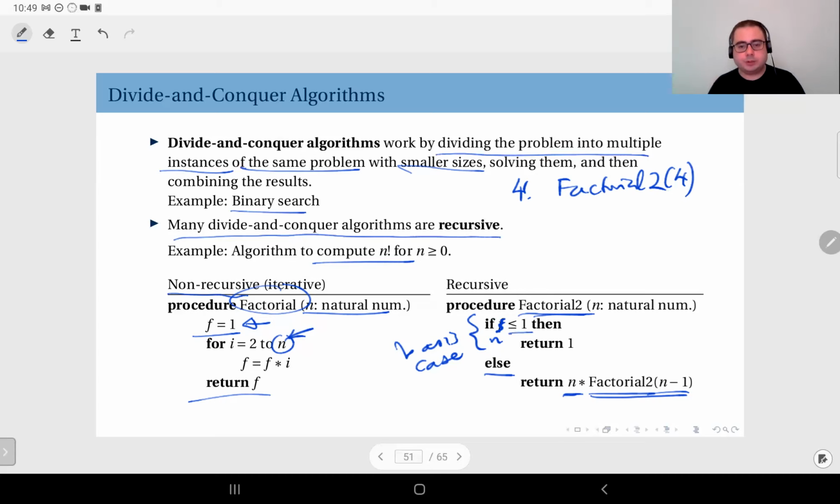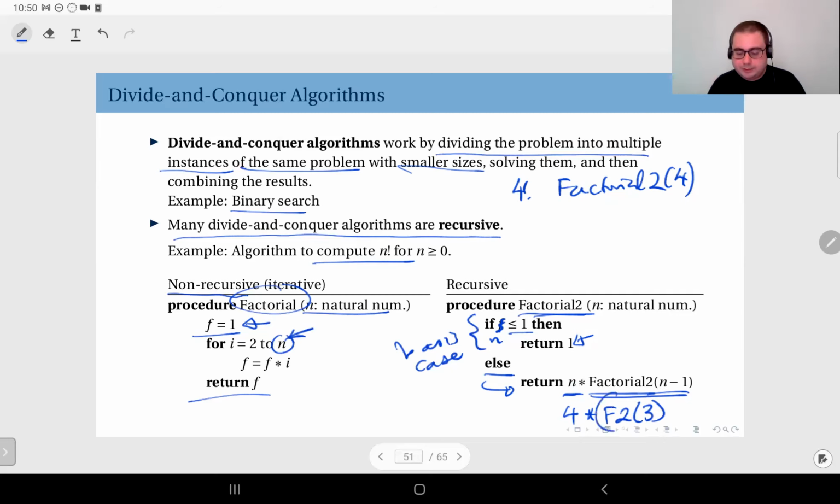But this inequality doesn't hold. Therefore, I do not return 1. I go to this case. I need to return n times factorial 2 of n minus 1. And n in this case is 4. So I need to return 4 times factorial 2 of 3, 4 minus 1.